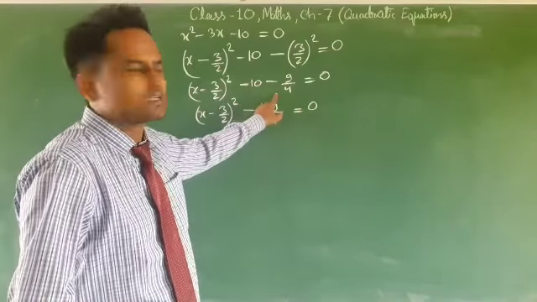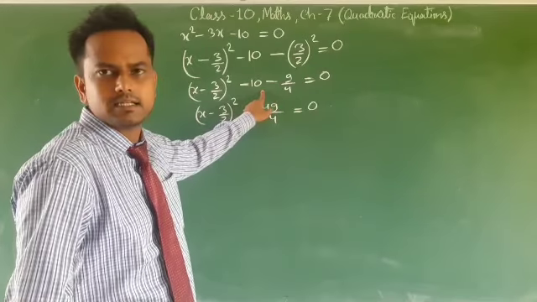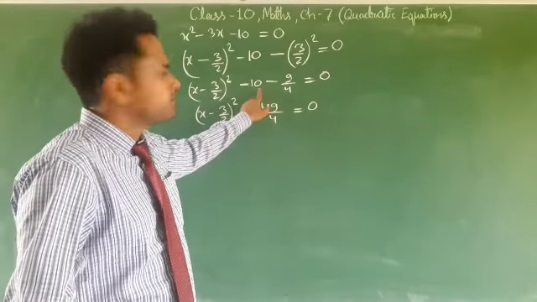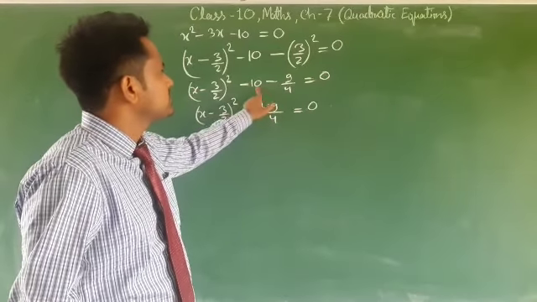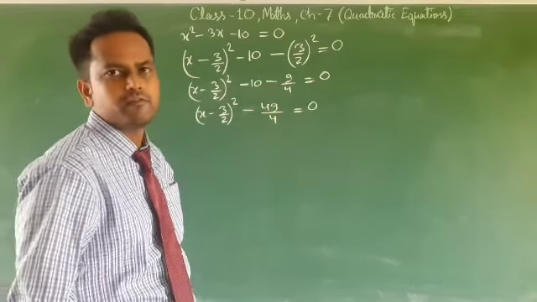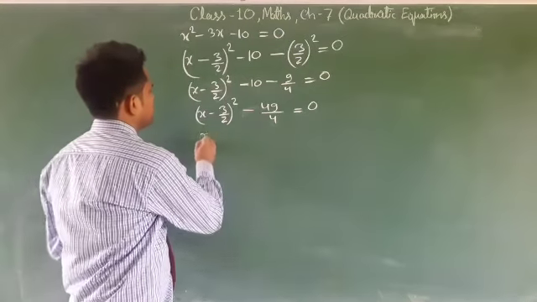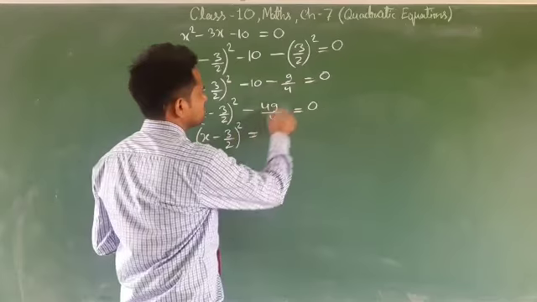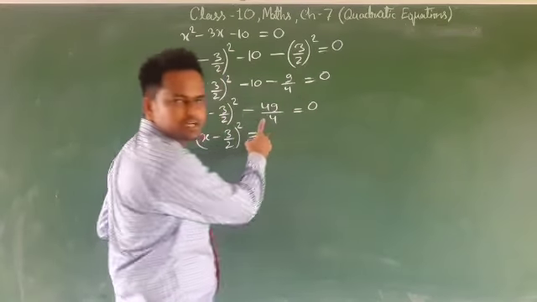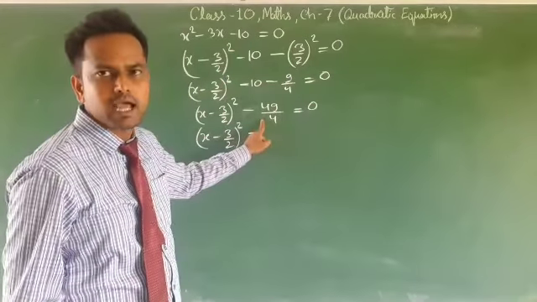Very simple fraction. You have to take the LCM, that is LCM of 1 and 4 will be 4, and solve this, you will get 49 by 4. Now (x minus 3 by 2) to the power 2 is equal to 49 by 4.